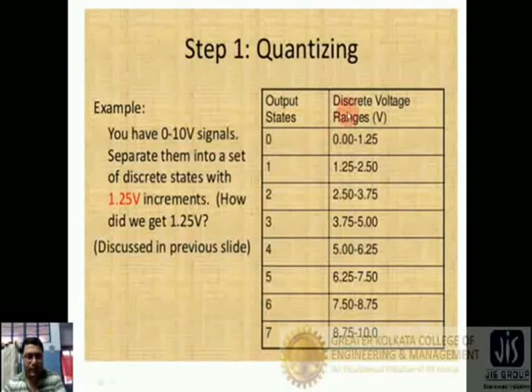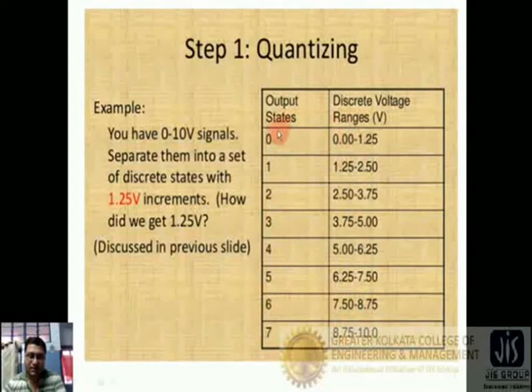We have to break the whole analog domain into a discrete domain. You can see the whole analog range, starting from 0 to 10 volt, which is the limit of this range. The whole range is divided into 8 states, starting from 0 up to 7. So in this way, we quantize the whole system.